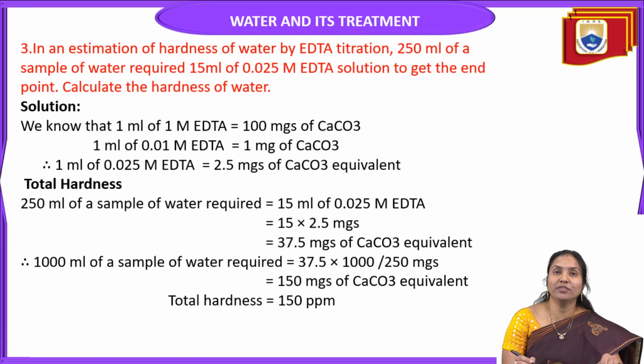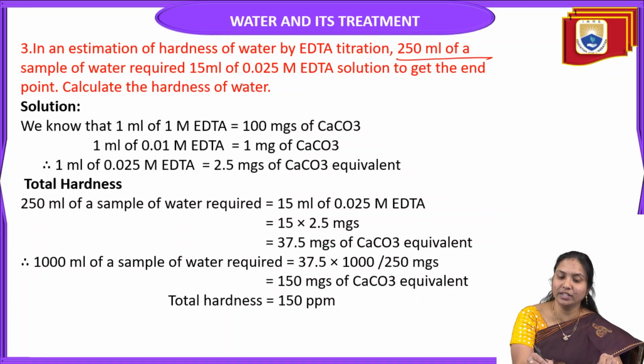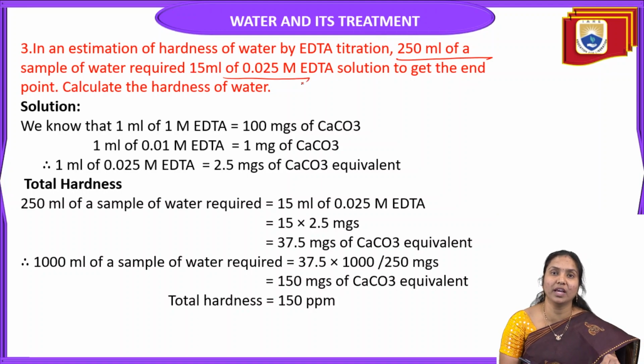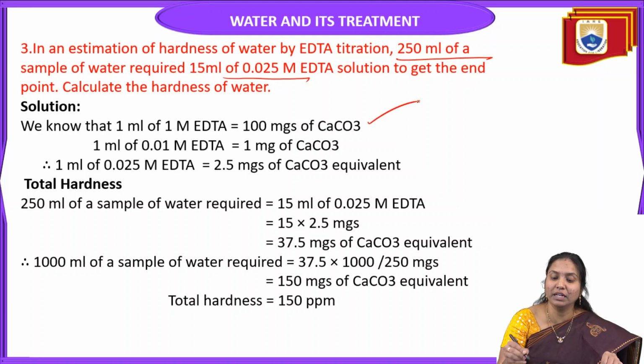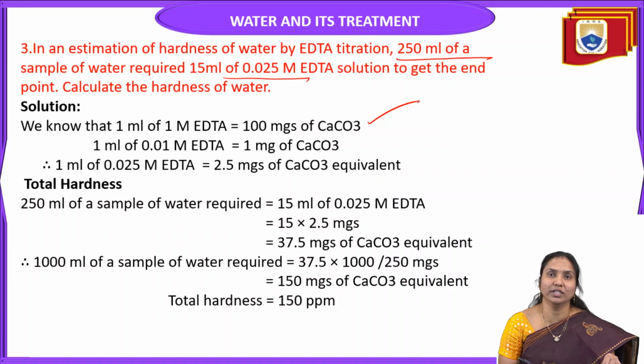Next, an estimation of hardness of water by EDTA titration. Here 250 ml of a sample of water required 15 ml of 0.025 M EDTA solution to get the end point. Calculate the hardness of water. Here we know that 1 ml of 1 M EDTA is equal to 100 milligrams of calcium carbonate.